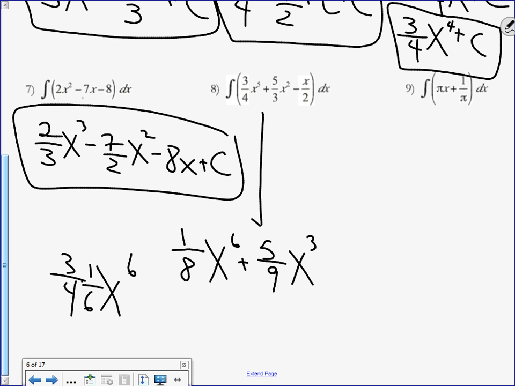Now we got the antiderivative minus x over 2. Looking good. And I can always check it too. If I take the derivative of it, I get minus 2x over 4. That's minus a half x. Beautiful.